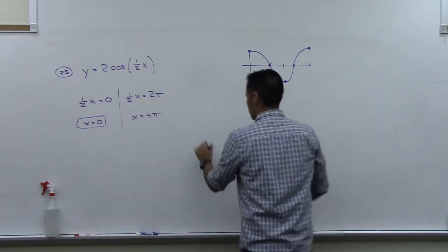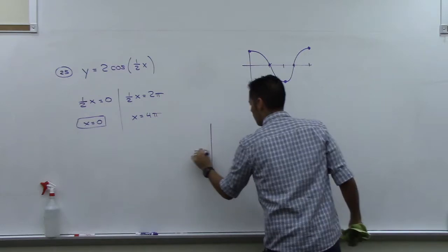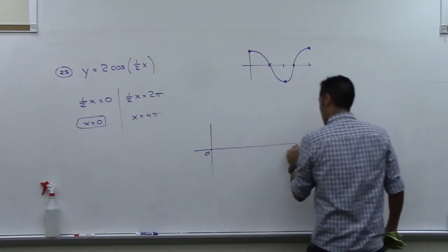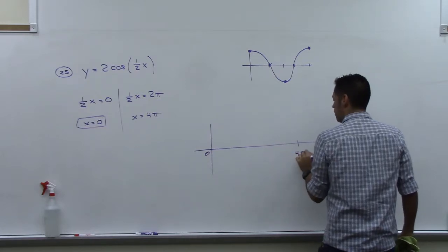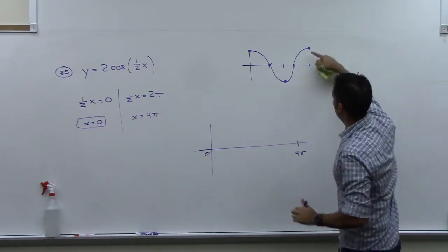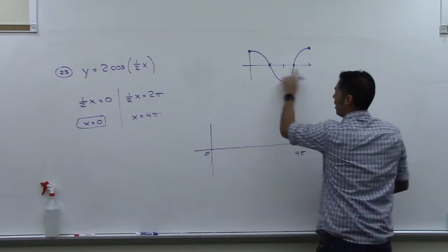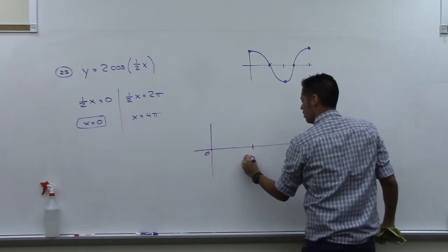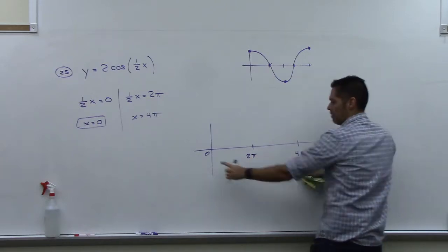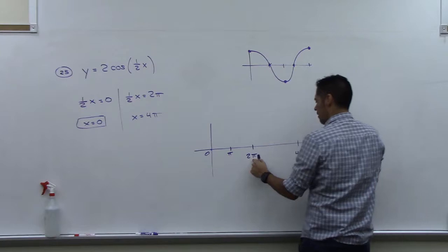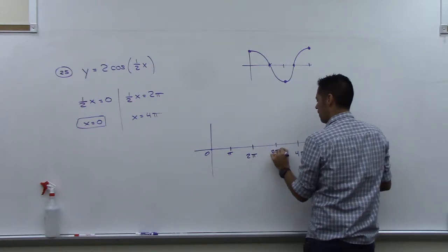So on the graph I'm going to draw, I start out at 0 and it ends at 4 pi. So it's either going to be 2 points up here or 2 points down here. Then I have the middle point, halfway between here and here, which is 2 pi. This would be pi, and halfway between here and here would be 3 pi.